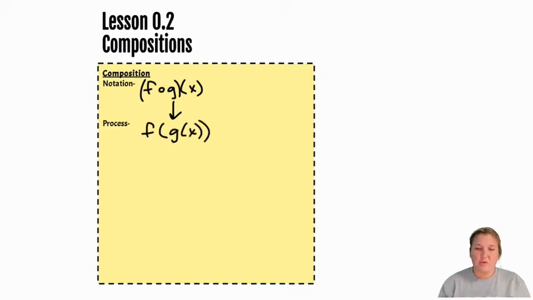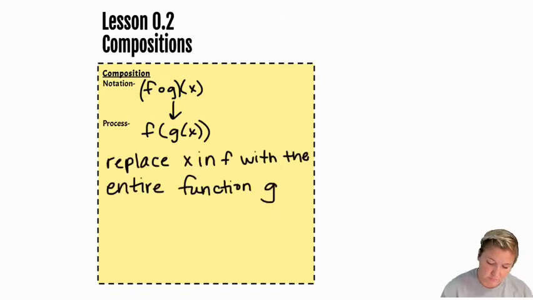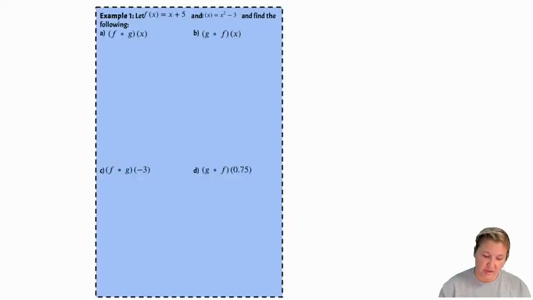Anywhere you see x in your function, you're going to replace that one x with the entire function of g. Whatever g is, even if it's a big, long function, you're going to replace every single x in f with that entire function of g. So let's take a look at that.